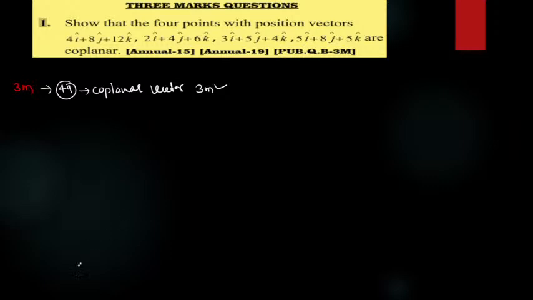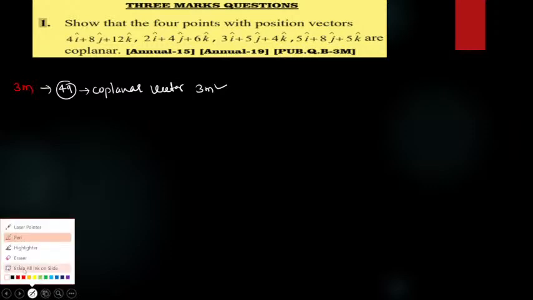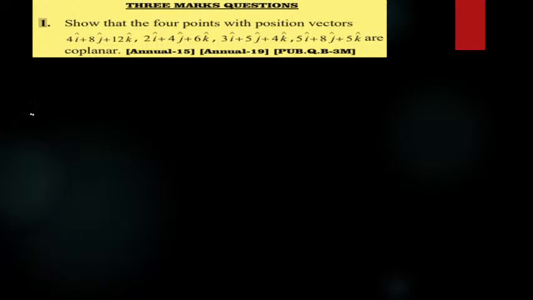Okay. So before going to this, let me recall the basic concepts. Remember, if you are provided with any 3 vectors a, b, c, and you want to prove that these 3 vectors are coplanar, then the condition is that their scalar triple product, that is a dot b cross c, is equal to 0. This is the scalar triple product of the 3 vectors.